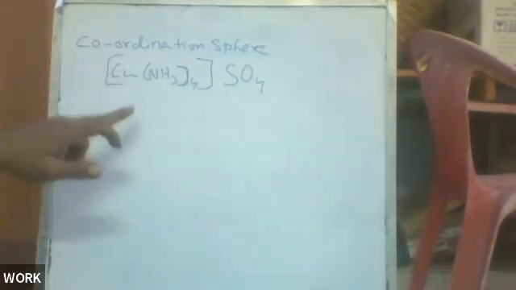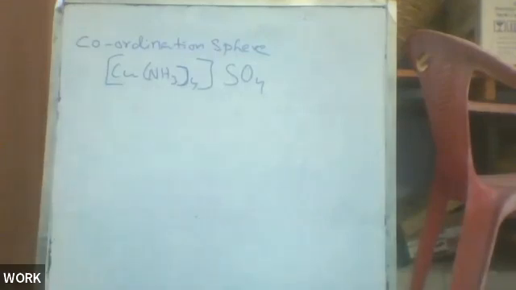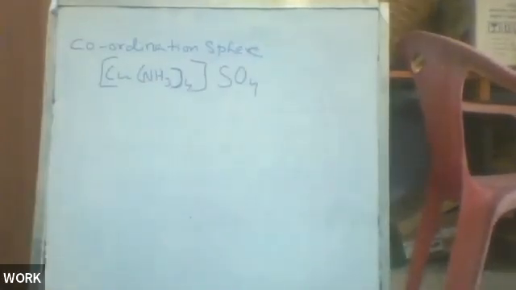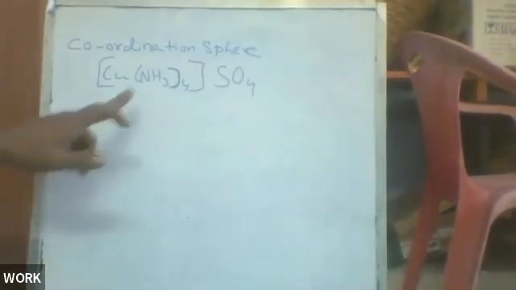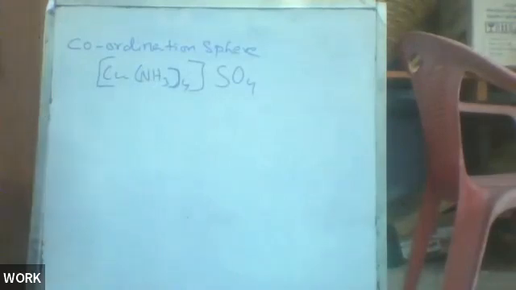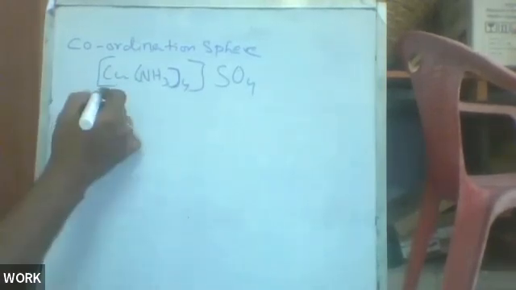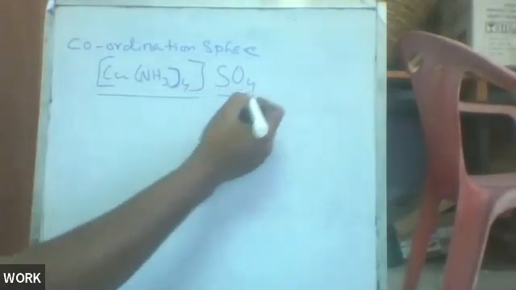When you take copper sulfate and put it in ammonia, you can get tetraammine copper sulfate. Now, when you put it in water, it dissociates.